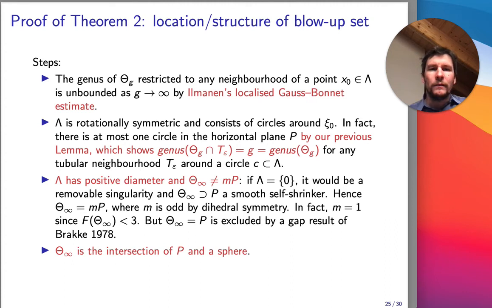Imagine first that at this circle, possibly lots of surfaces could meet. Then we could take again a little tubular neighborhood around that circle, and by a result similar to our structural lemma, we would know that in this tubular neighborhood we have exactly 4 boundary components.